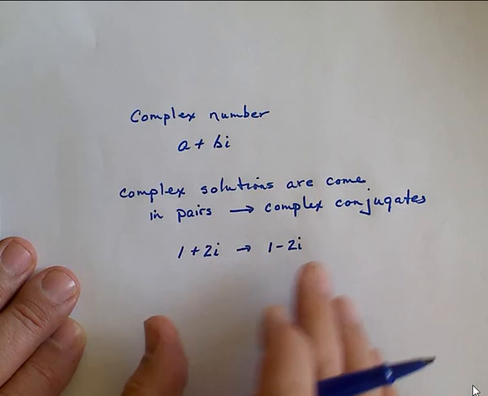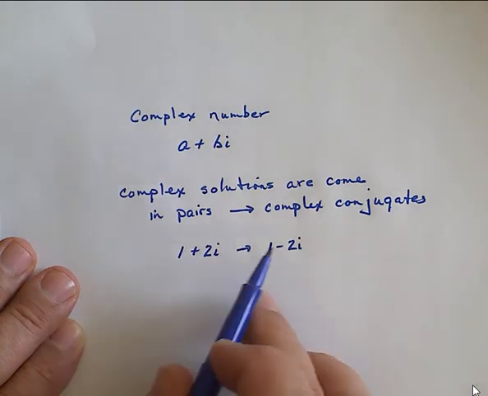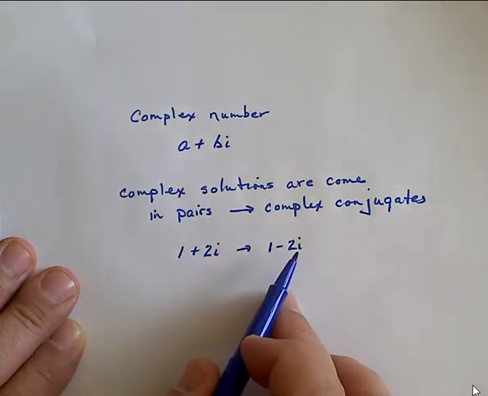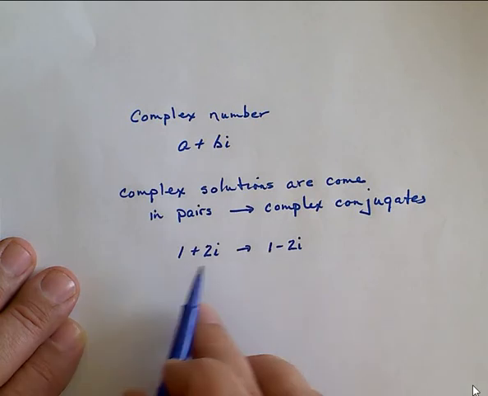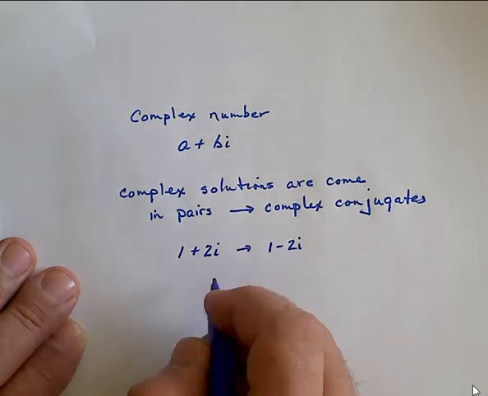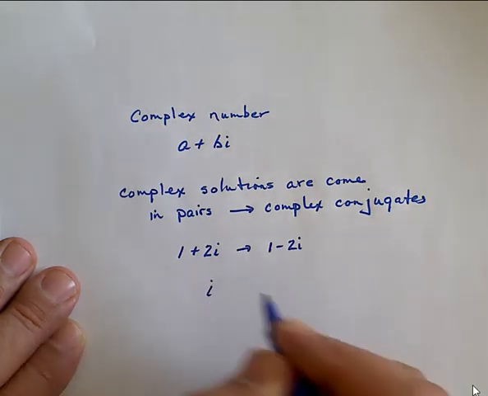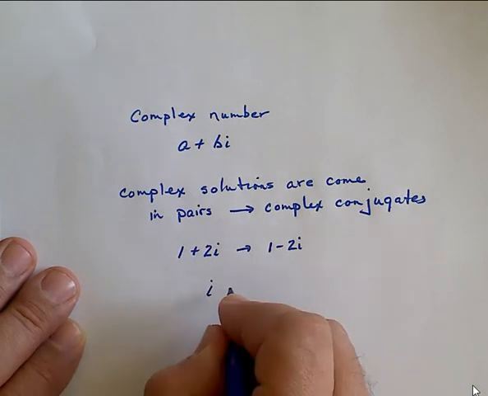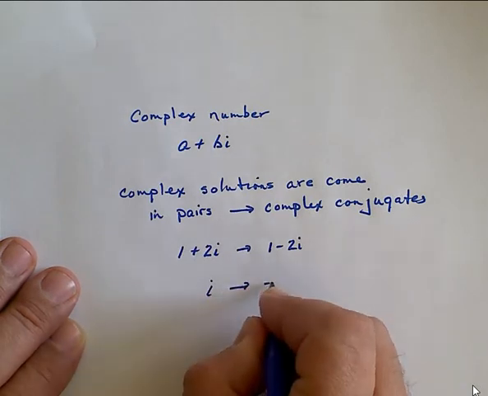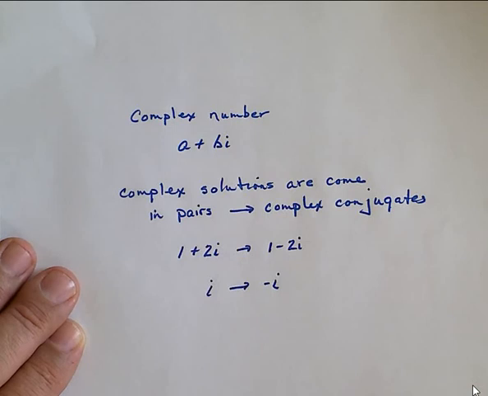If one is a solution, the other one also must be. Now, what if there is no real component, and we just have an imaginary? That can happen. If you know that i is a solution, then negative i must also be a solution. All complex solutions come in pairs.